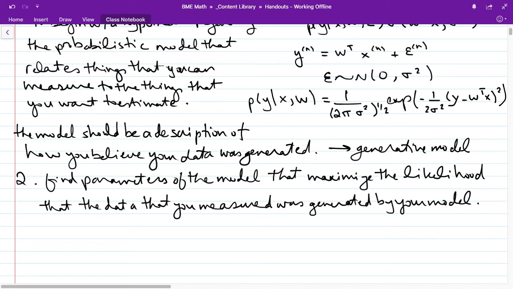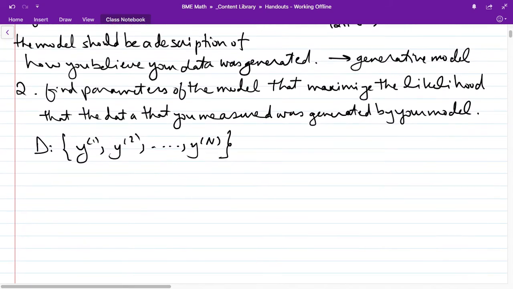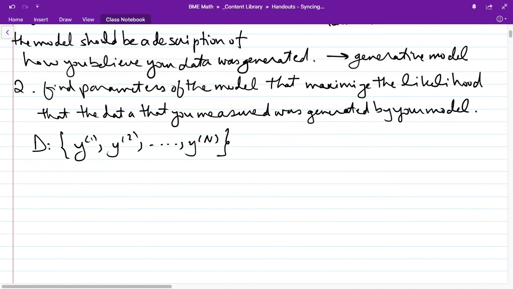So if you have some data points, so here's our data points, Y1, Y2, Yn. So we want to maximize the likelihood of having actually observed these data points.